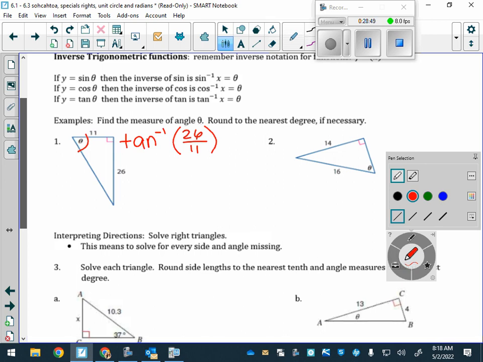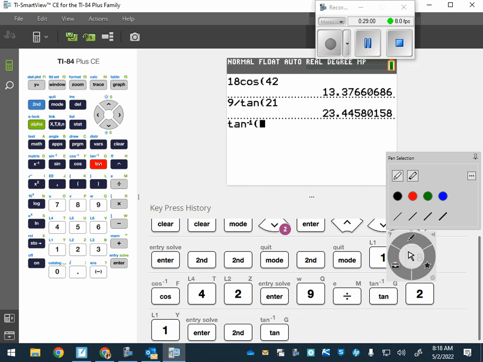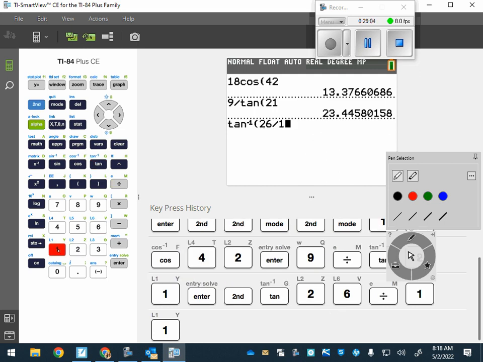Okay, and we're rounding to the nearest degree. So again, in our calculators, the inverse tan, second, tangent, it gives you parentheses already, 26 divided by 11, 67 degrees. Okay, 67 degrees.